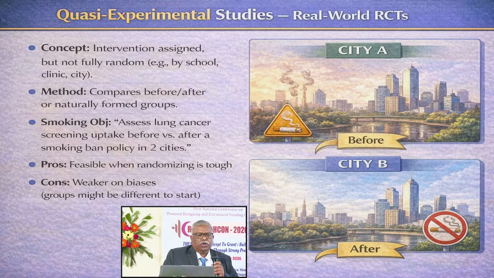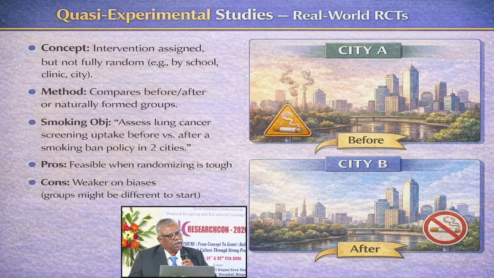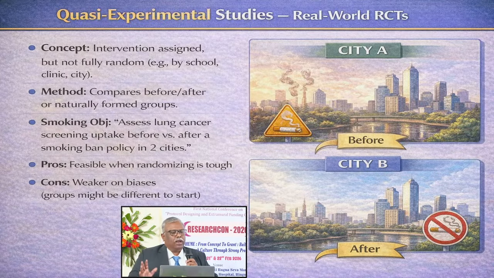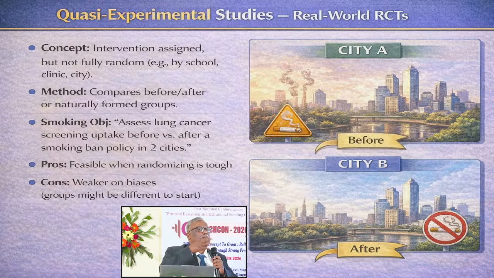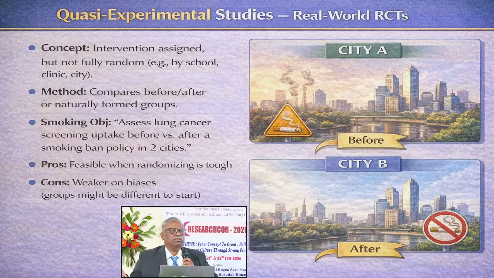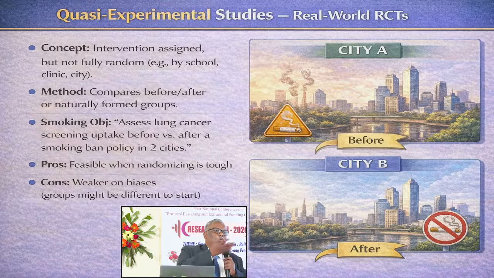So the concept is that the intervention is assigned but not fully random. Here also we assign treatments, but there is no randomization. So by school or by clinics. For example, there are two schools in the city. One school will receive the IFA tablet, and the other school will not.